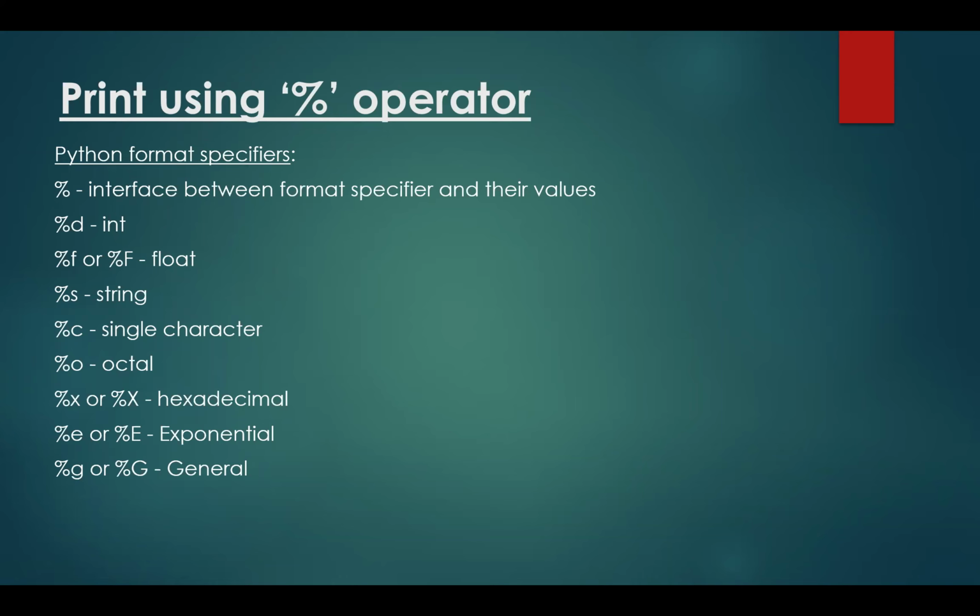So what happens? Basically, this is also a placeholder. Let's say if I write %d, it defines that the placeholder can only be replaced by an integer kind of value. If I give %f, small letter or capital letter, both are the same, that denotes that the value inside that print function can only be replaced by a float value.